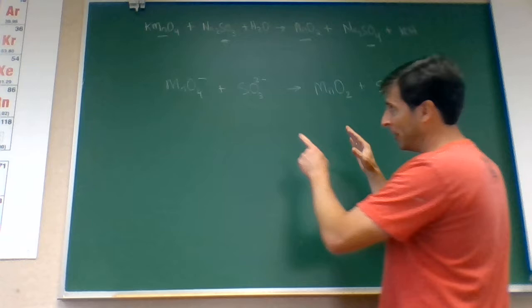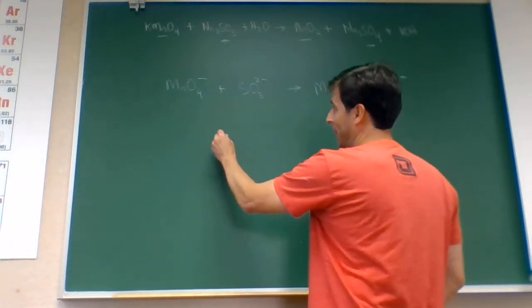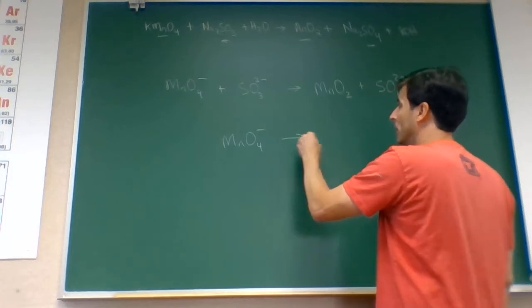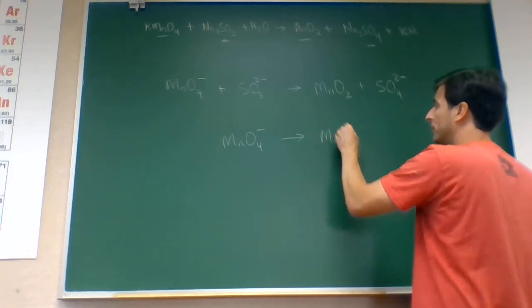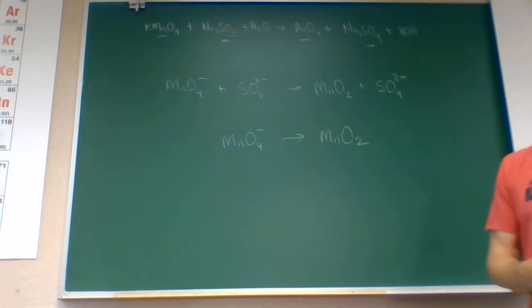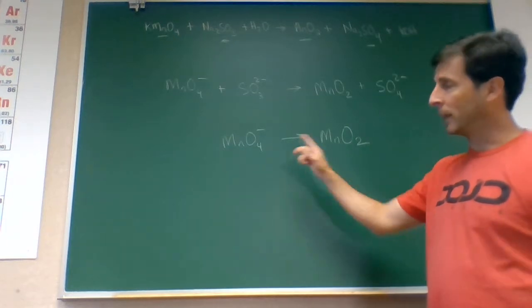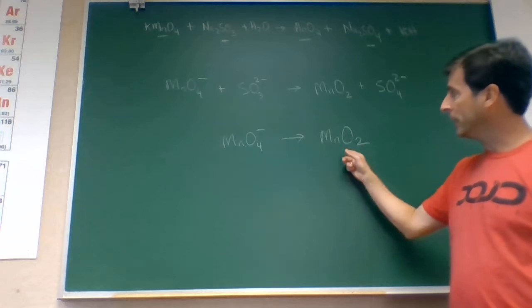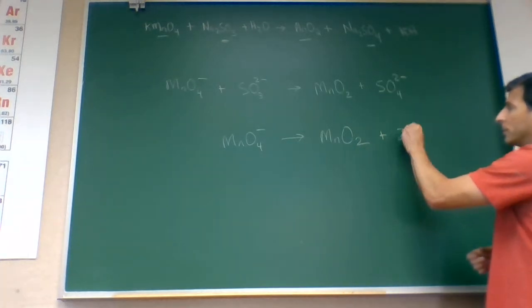So I'm going to look at my half reactions. The manganese half reaction is going to be MnO4 minus yields MnO2. Follow the procedure. Balance manganese first, one on each side, it's good. Balance oxygen, there are 4 here, 2 here, so I need 2 waters on the right.